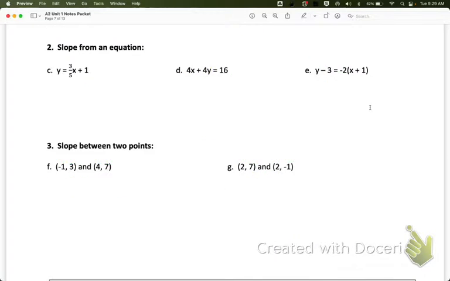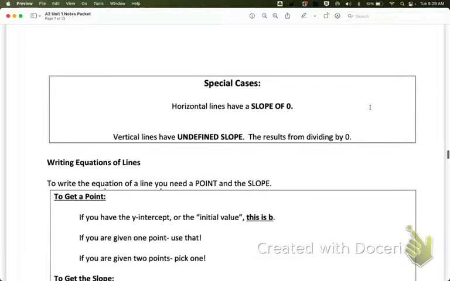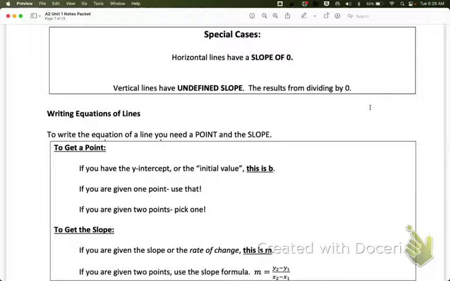All right. So we do have some special cases, and that last one was an example of a special case. Horizontal lines have a slope of 0, and vertical lines have an undefined slope. And again, this is what I just mentioned, that results from dividing by 0. So that's the previous example right there. So that's how we can determine the slope.